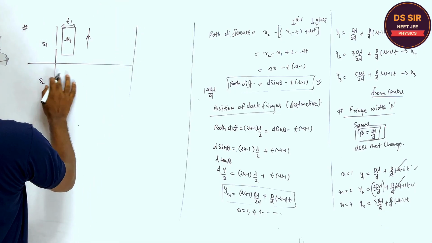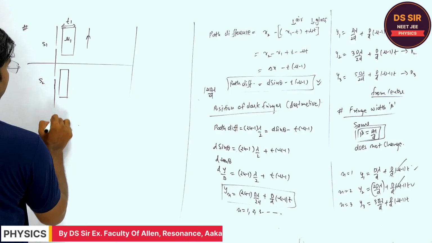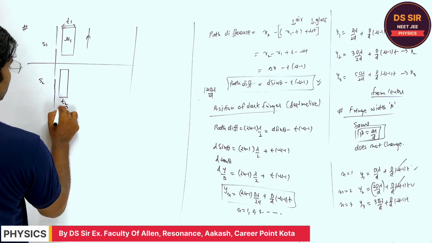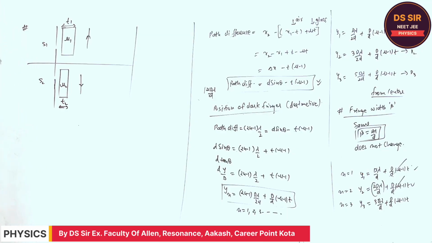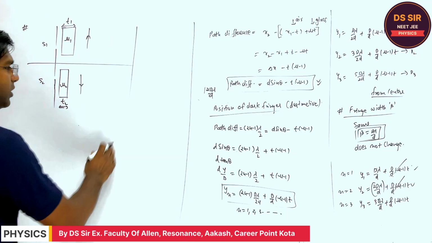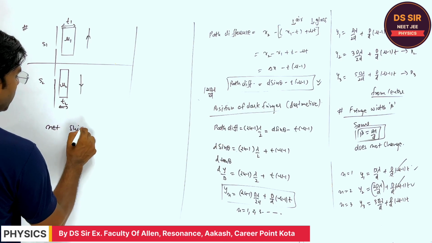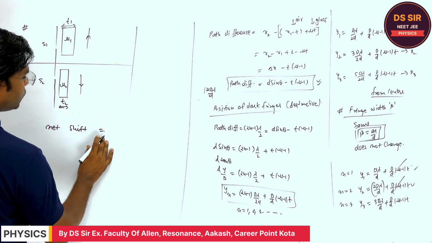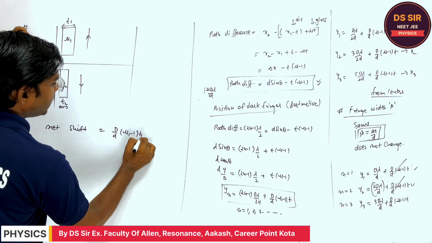If another glass slab is put in front of S2, of thickness t2 and mu2, due to this the fringe pattern will be shifted downward. Are you getting or not? So in this case, the net shift will be equal to what? Net shift is equal to d upon d (mu1 minus 1) t1.